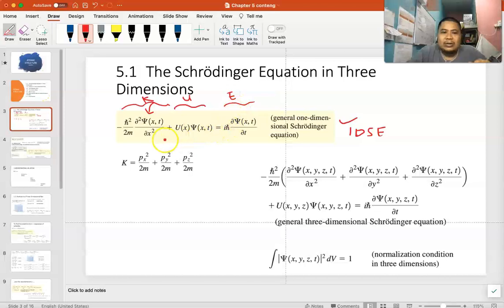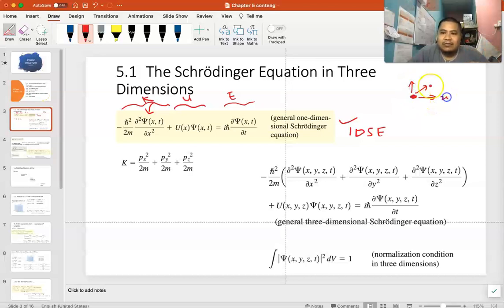All right. So in 3 dimensions, for example, if we consider a particle moving in space, it can have 3-dimension components.